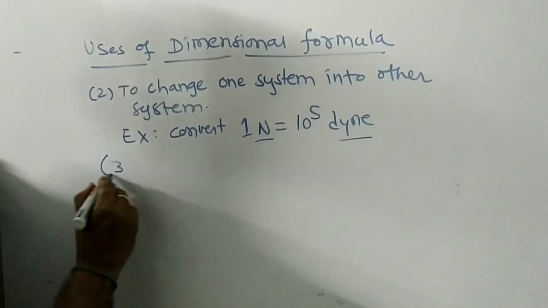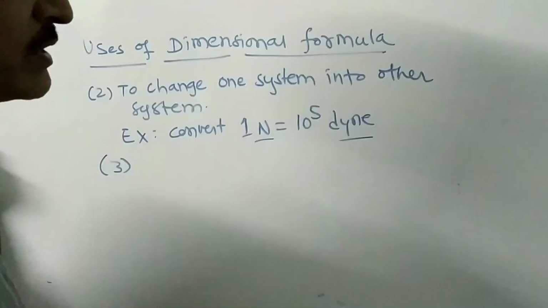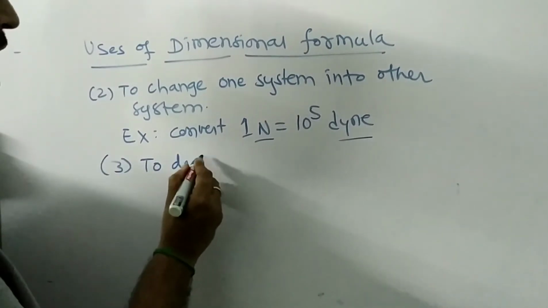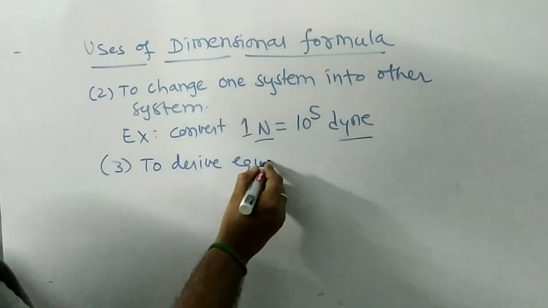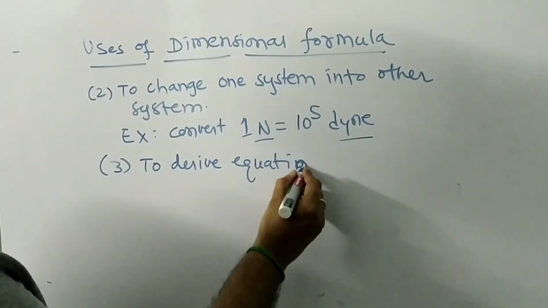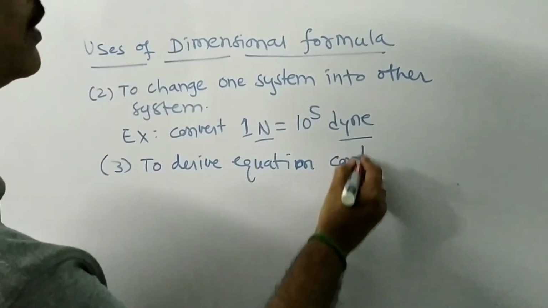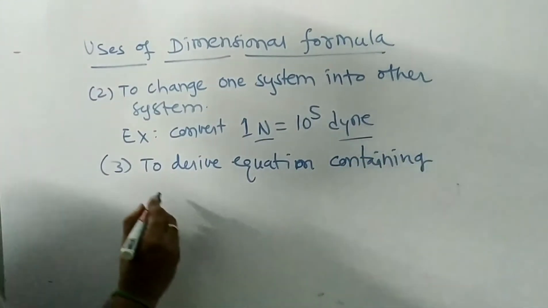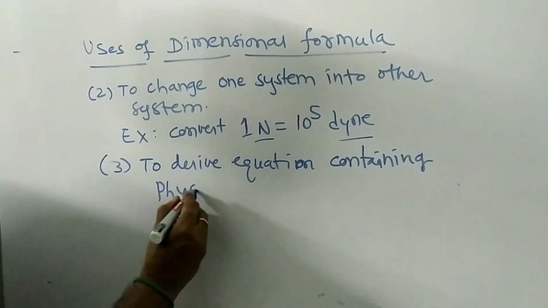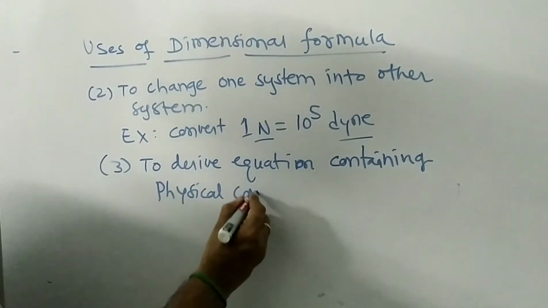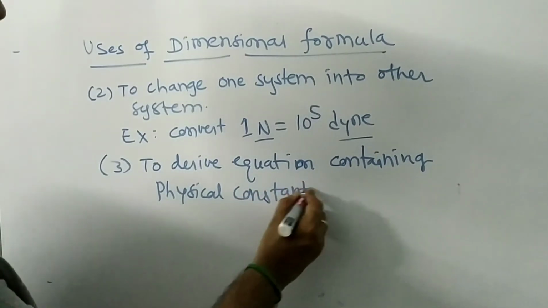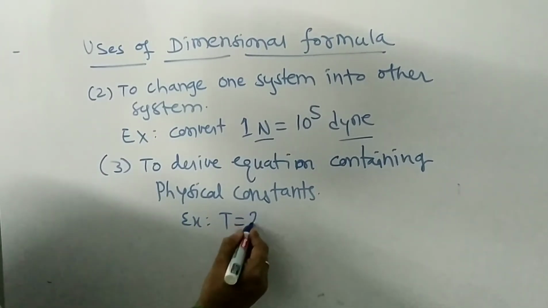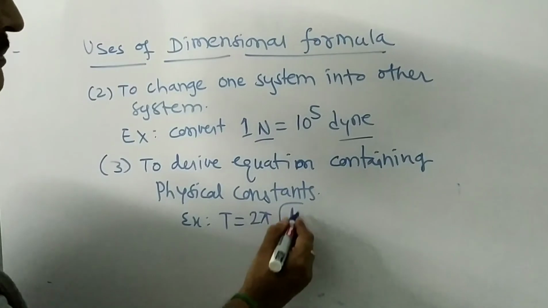Not only that, the third use of the dimensional formula is to derive equations containing physical constants. If you have physical constants in the equation, we can derive those equations. For example, we have the time period of a simple pendulum, T is equal to 2 pi into root of L by g.